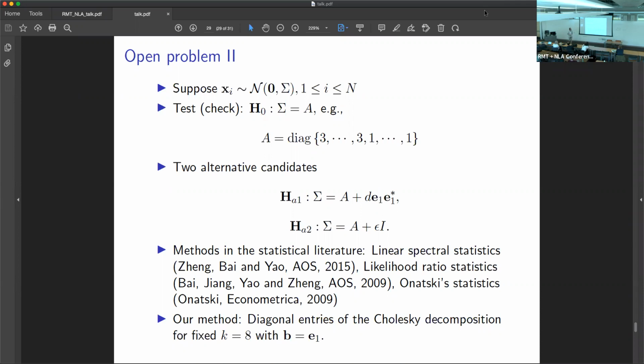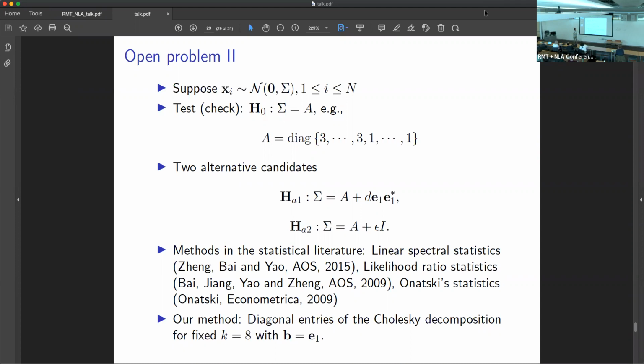Of course, in order to study whether it makes sense, we will consider certain alternatives. One alternative is whether it differs from A by a finite rank deformation, or a very small full-rank deformation. These are two widely considered, or at least I found them in the literature.